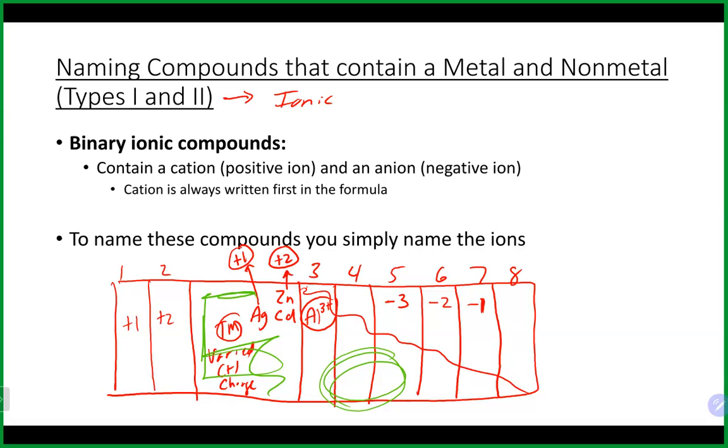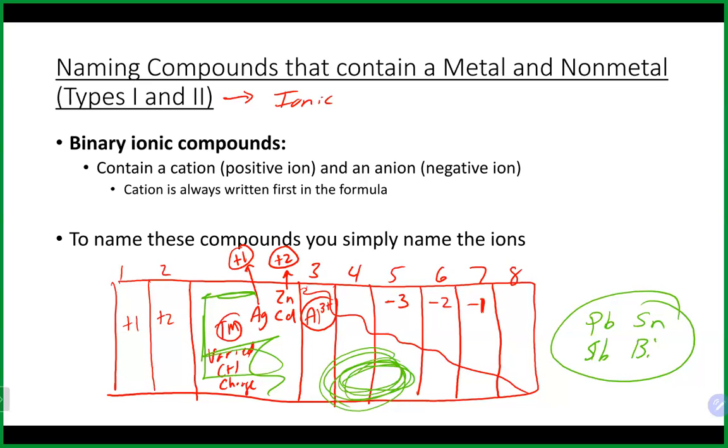So they are not technically transition metals, but there are a few in this area like lead or tin or antimony or bismuth that we do come across, and they also can have a variety of positive charge depending on the situation.